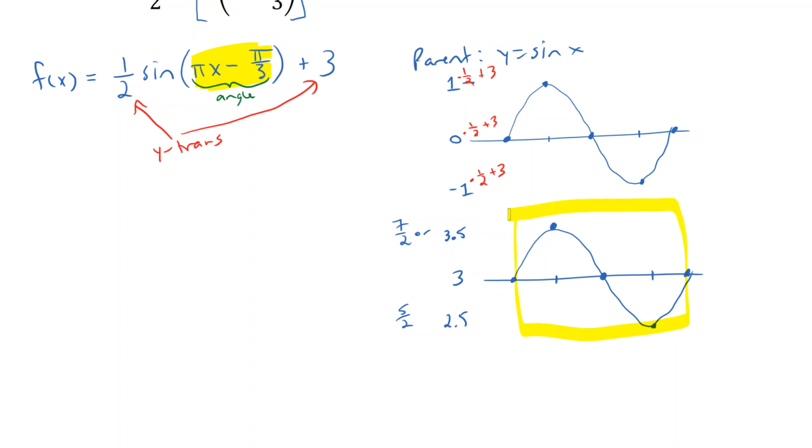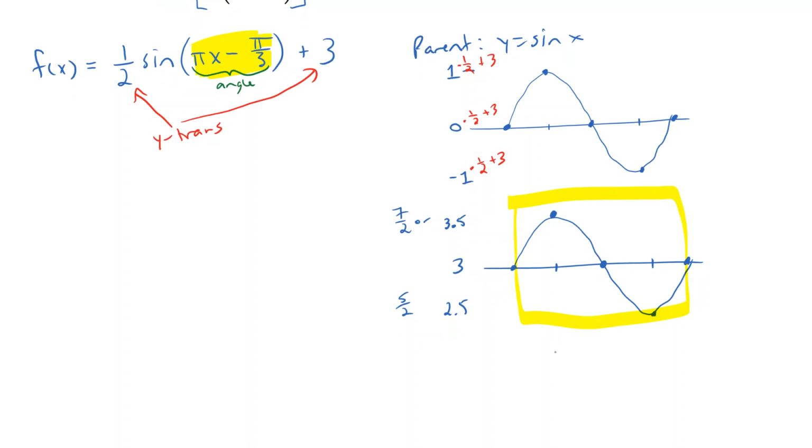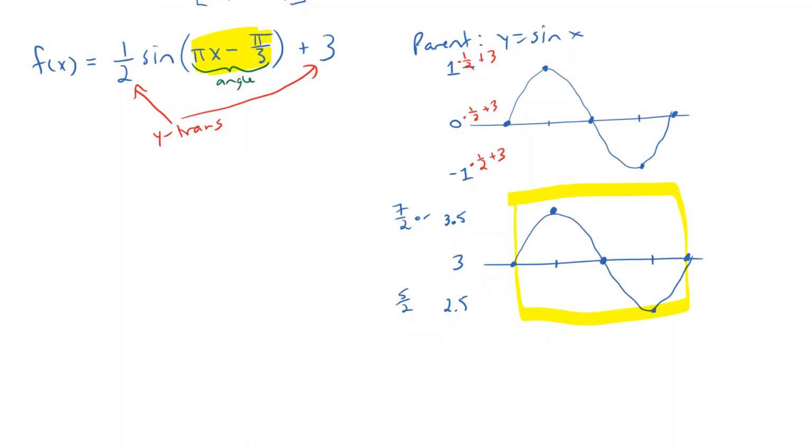We just have to figure out where it's located in relation to the x-axis. The way we do that is a sine cycle starts when the angle pi x minus pi over 3 equals 0. This is our start. And it ends, for sine, whenever that angle equals 2 pi.